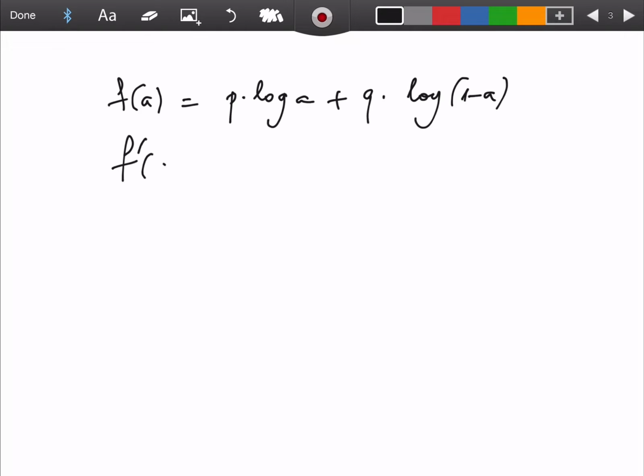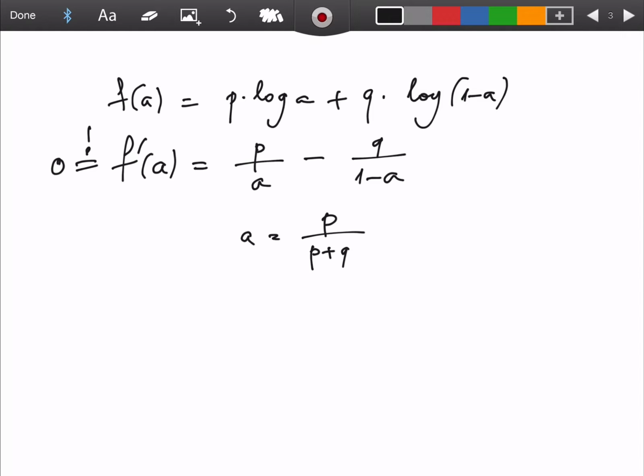We can take its derivative with respect to a and equate it to 0, since I want to maximize this. So we have a closed form expression here. It will be P over a minus Q over (1 minus a). We equate this to 0, and after some trivial algebra, we get a equals P over (P plus Q).